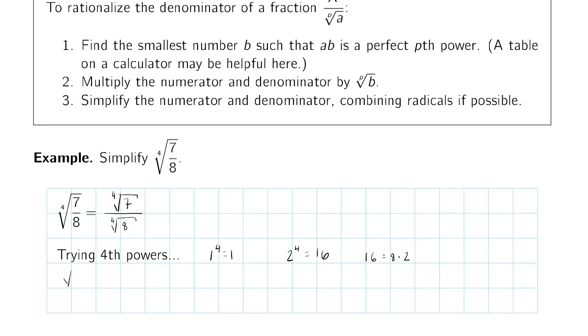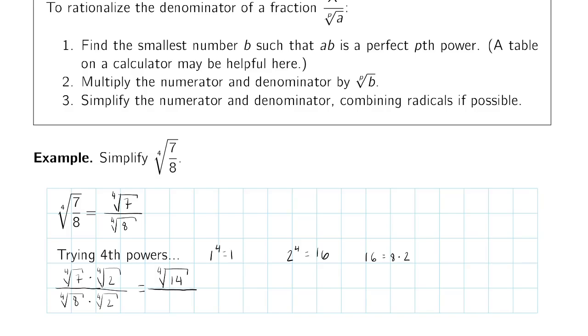So I've got the fourth root of 7 over the fourth root of 8. And I'm going to multiply my numerator and denominator both by the fourth root of 2. In my numerator, when I combine those radicals, I'll have the fourth root of 14.